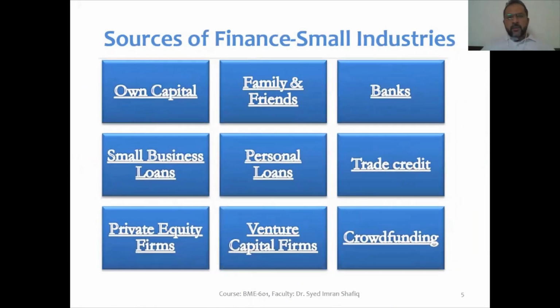Similarly, there are many sources of finance for small industries also. First is own capital. An individual or partners, they can invest their own money, or they can borrow money from their family and friends, or they can get a loan from bank, or they can have an equity, or they can get a venture capital, or there is one more concept which is coming, that is called crowdfunding.